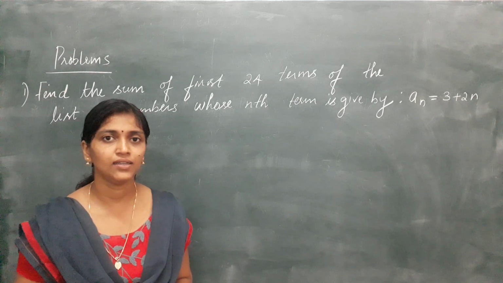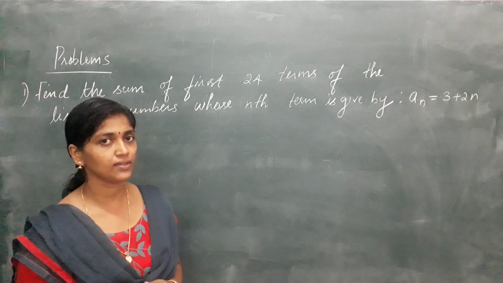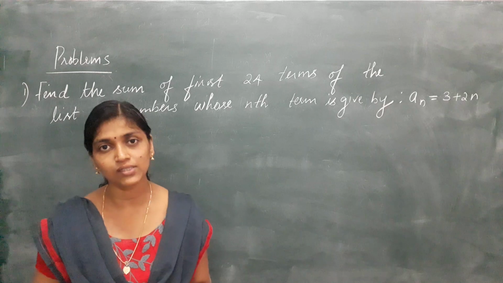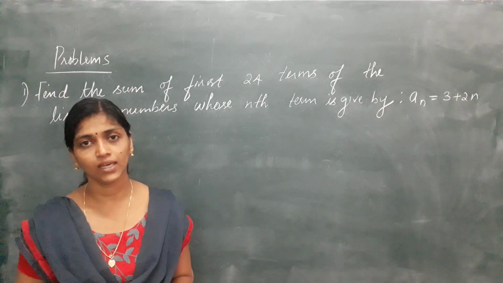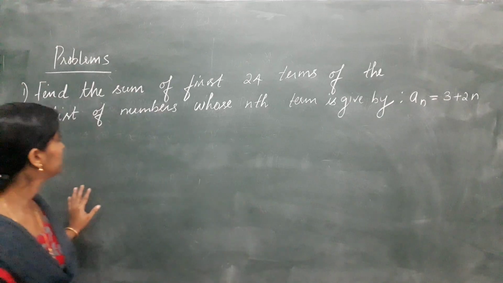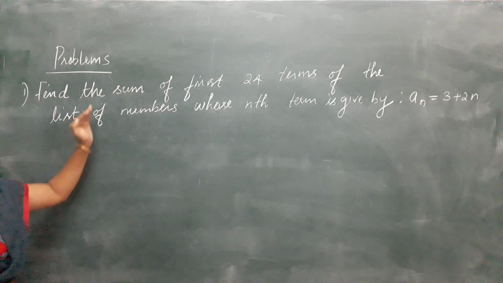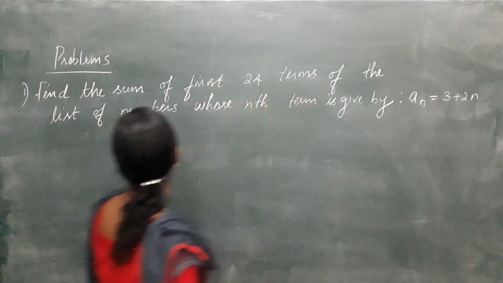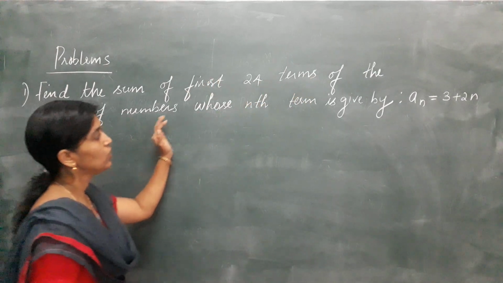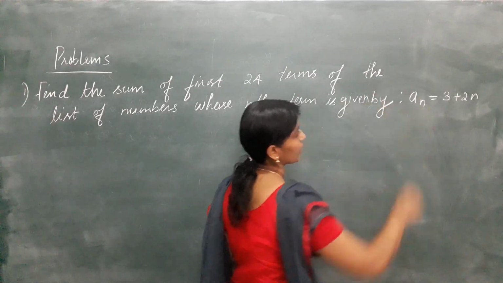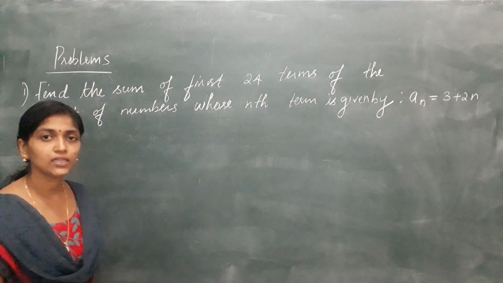And in this section, we are going to see some more problems on sum of first n terms of an AP. The first question is, find the sum of first 24 terms of the list of numbers whose nth term is given by an is equal to 3 plus 2n.